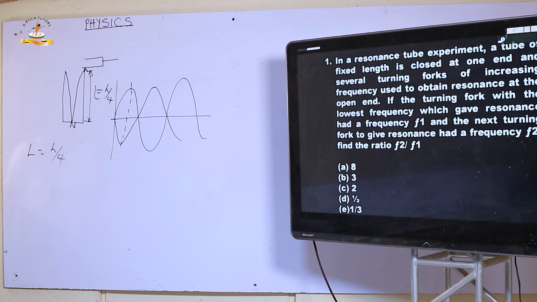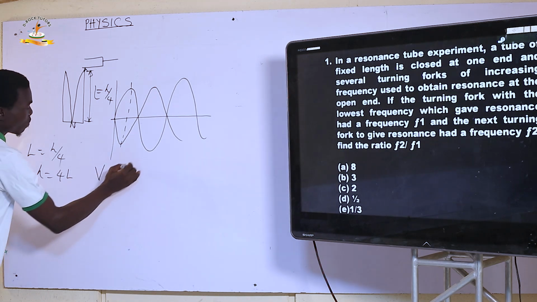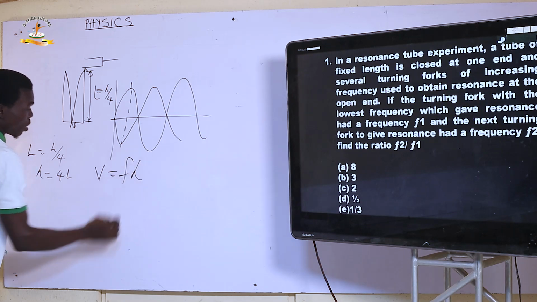What do we come up with from there? Definitely lambda equals 4L, if you cross multiply. And there is a popular equation, which I believe you must know, that relates the quantities of waves to each other: the relationship between velocity, frequency, and wavelength.